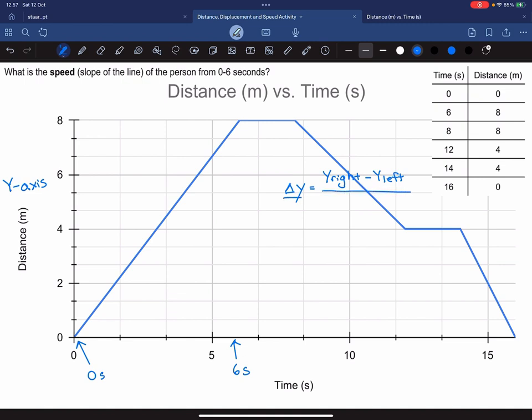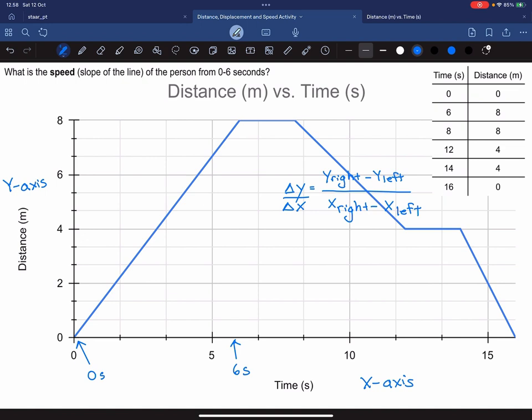And then we're going to divide that by the change in the x values, because this is the x-axis. And that's going to be x right minus x left, just like we did before. So that is going to be our calculation.